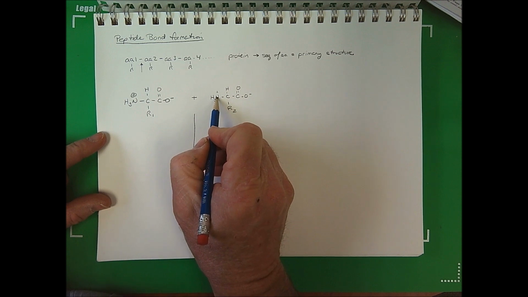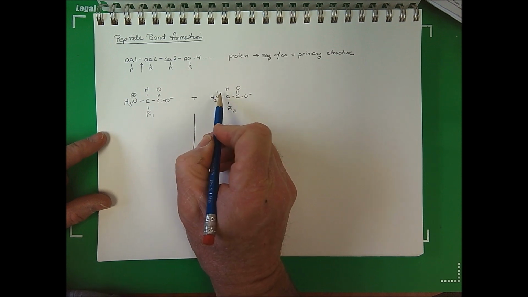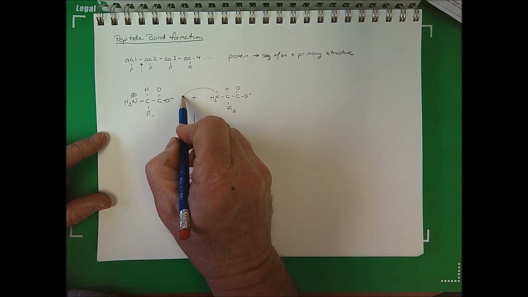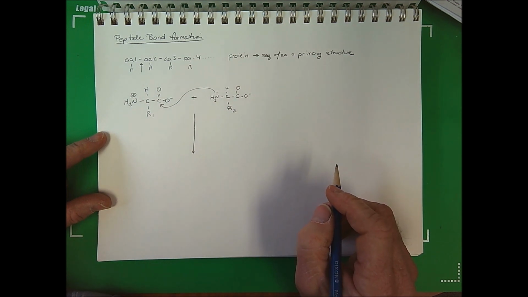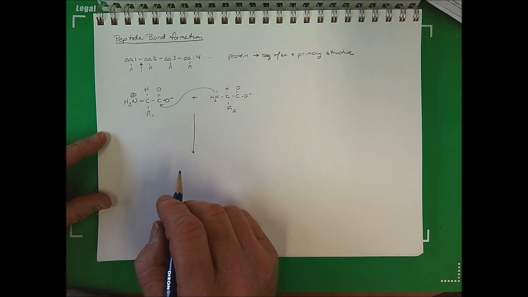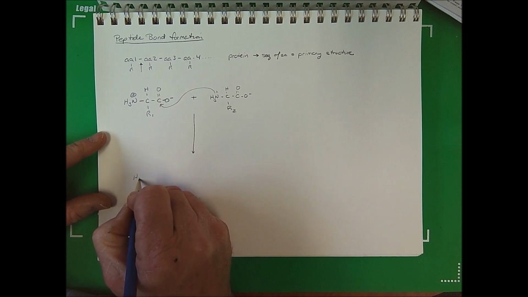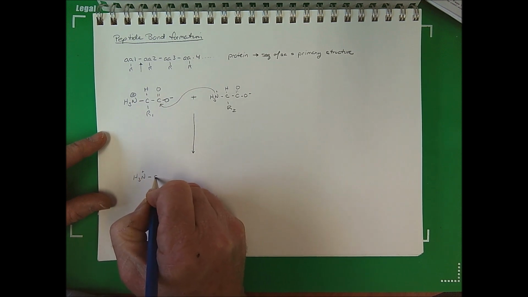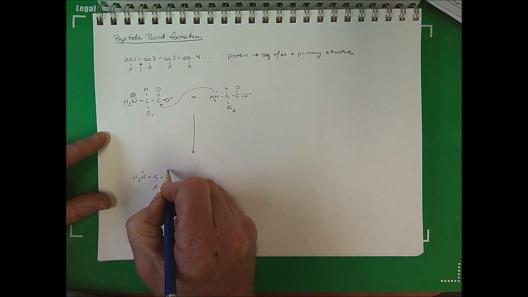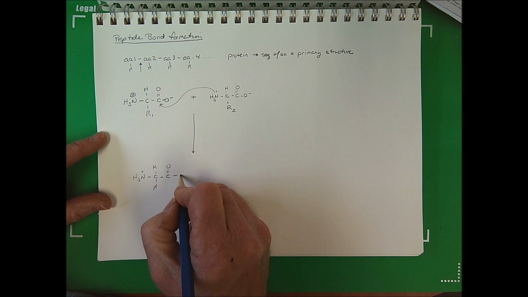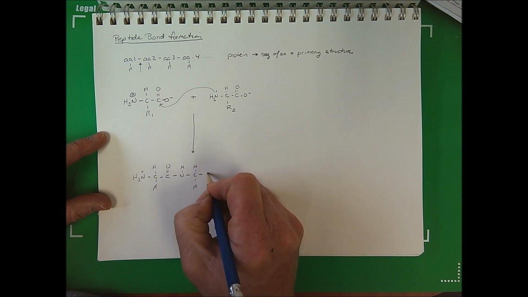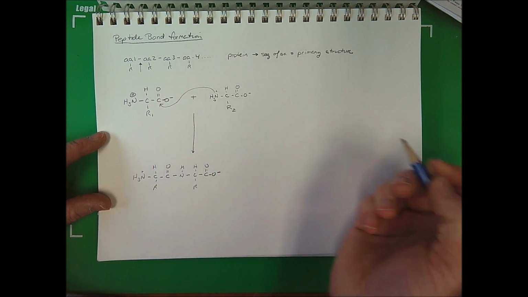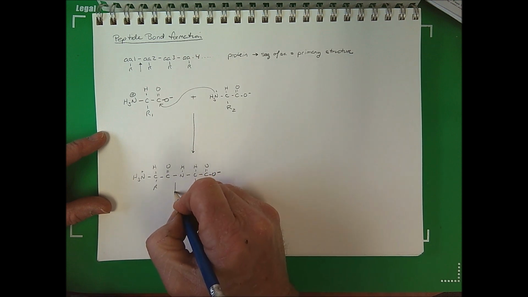The nitrogen here is going to be a nucleophile, and it is going to bind to this carbon, and we will form our coupled amino acids. Here is the new bond we have formed.